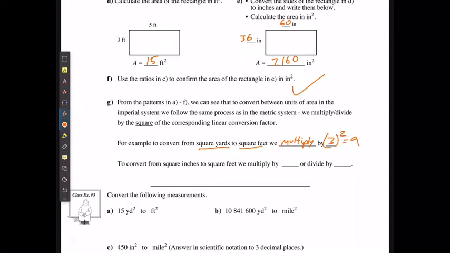To convert from square inches to square feet, then we're going to multiply by 1 over 12 squared, which would be the same as 1 over 144, or we could say that we're going to divide by 12 squared, or divide by 144.